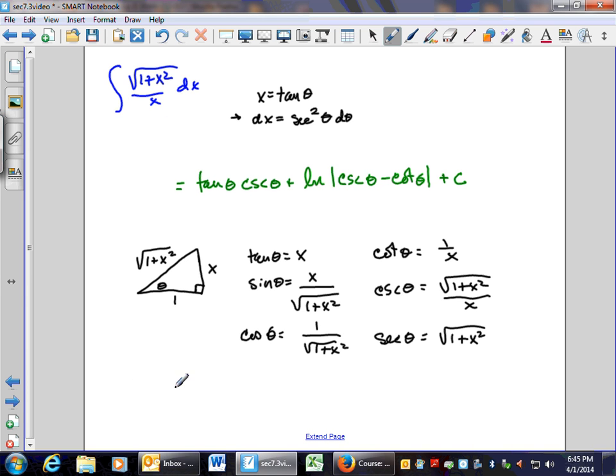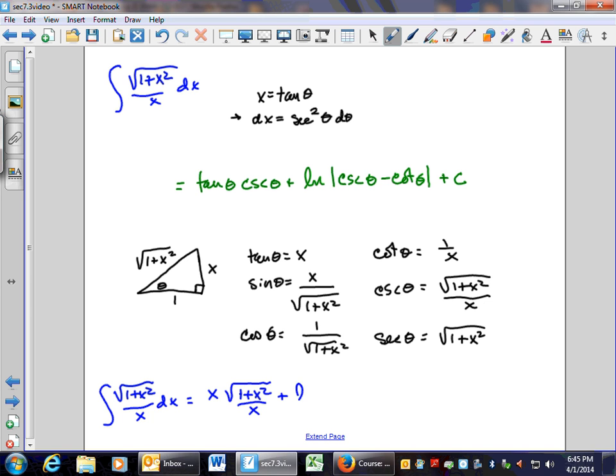So I'm going to put it in blue. Okay, so the answer is, let's just write this again, the integral of the square root of 1 plus x squared over x dx equals, okay, tan theta is x. Cosecant theta is the square root of 1 plus x squared divided by x.